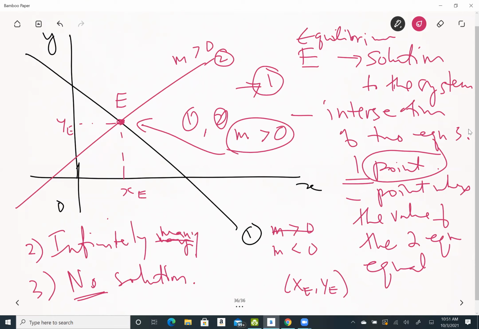From your graph, what can you say about the slope of the two lines? It will be like this. You have X, you have Y, and 0.